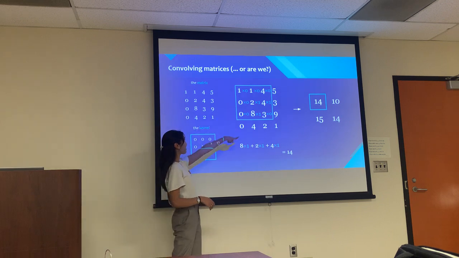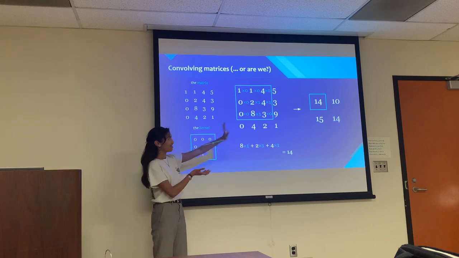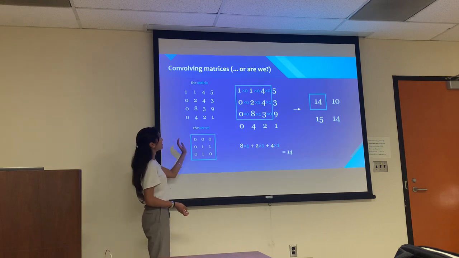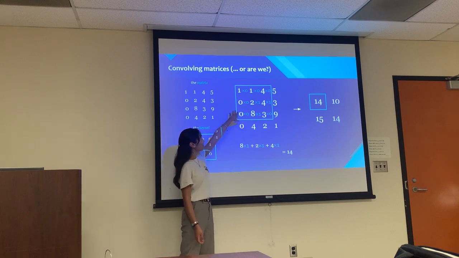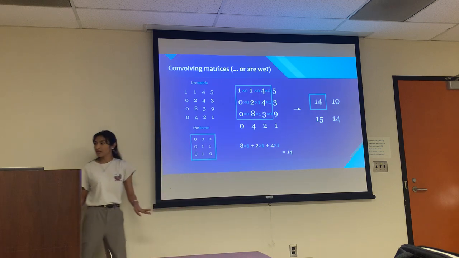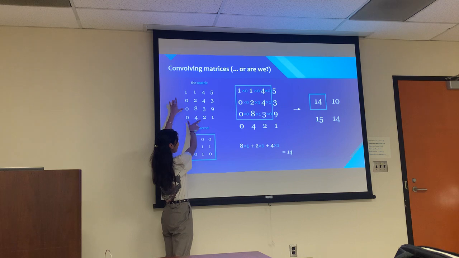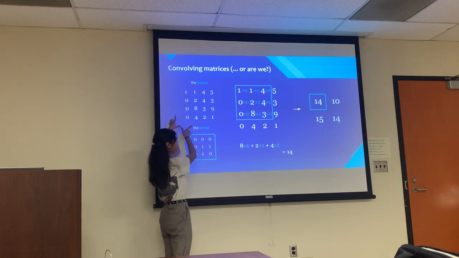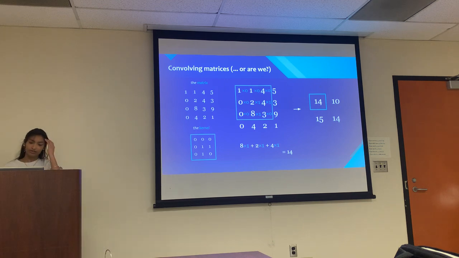You do that for the whole kernel, and then you add up those values, and you have a new value, so that'd be 14. So it'd be 1 times 0, 1 times 0, etc., and then you add up all of those, the zeros and the 4s and the 2s, and then you get 14. And if we had this matrix on top of here, and then we moved it over here and here, we'd have 4 different values.